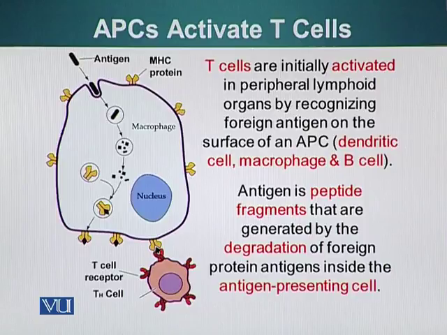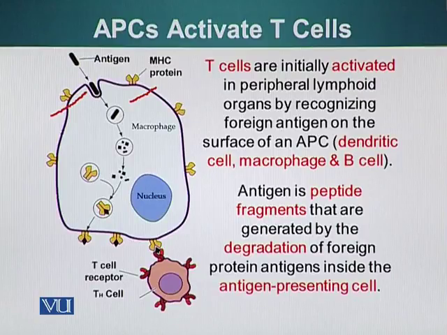So here in this diagram, you can see a macrophage, for example, which is acting as an APC, antigen presenting cell. This macrophage has ingested a bacteria shown here in black. This results in formation of a phagosome right here. The phagosome then fuses with the lysosome, resulting in degradation of this particular bacteria.